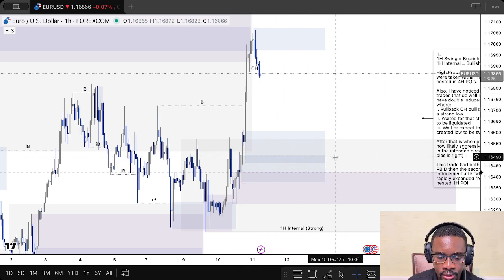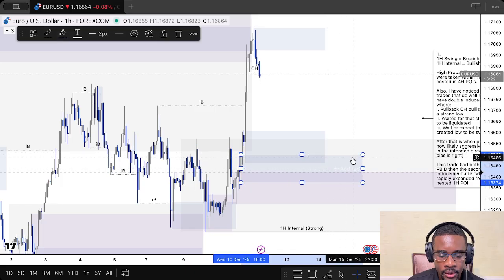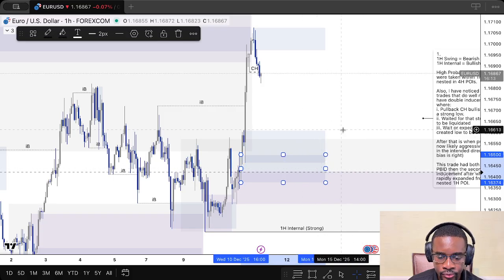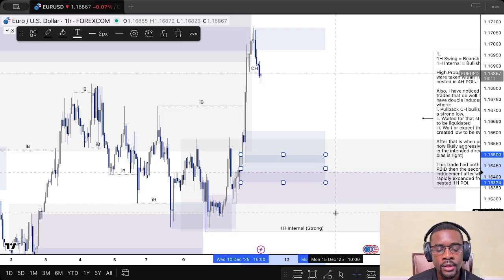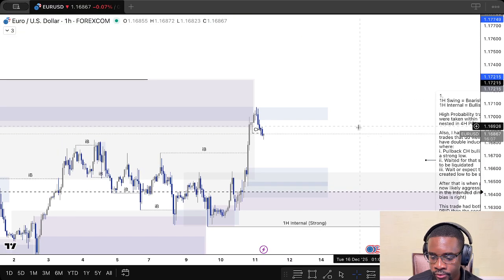You take this one at the extreme, or this lower one, or if you are very much inclined, you can take from the top of this one and then cover yourself at the bottom there, although the reward to risk will not be favorable.